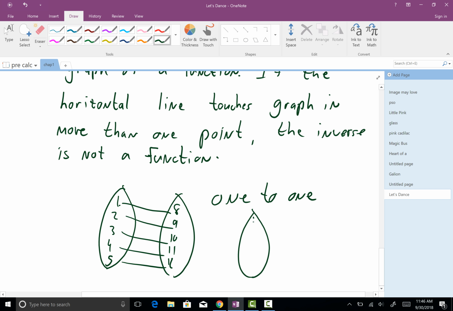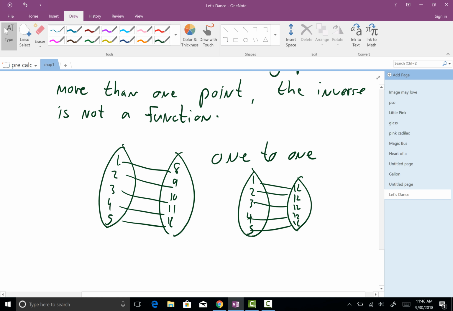Remember that in this case we said this was a function, right? Because even though they're going to the same number, it's still one element in the range paired with one element in the domain. It's just going to one deal.